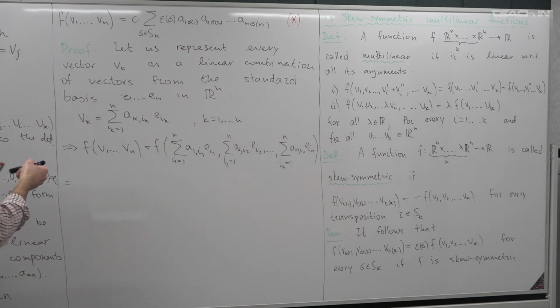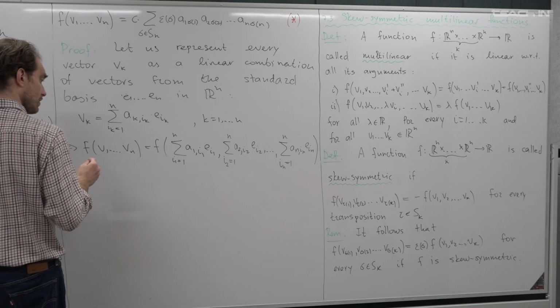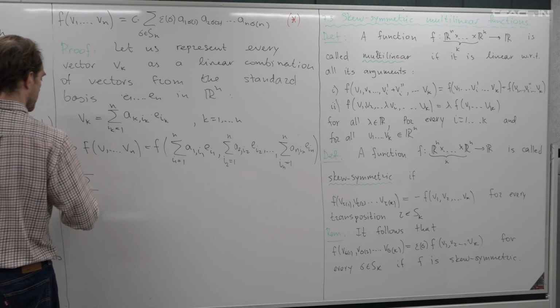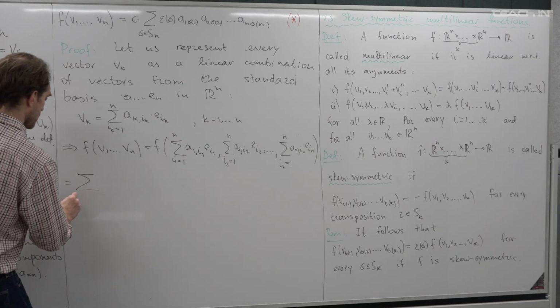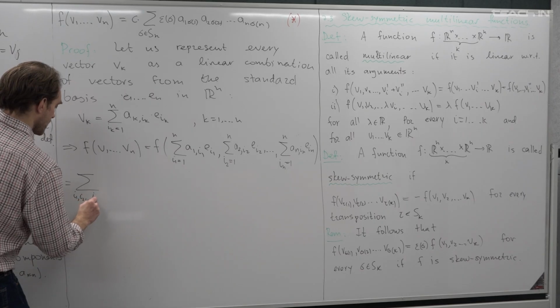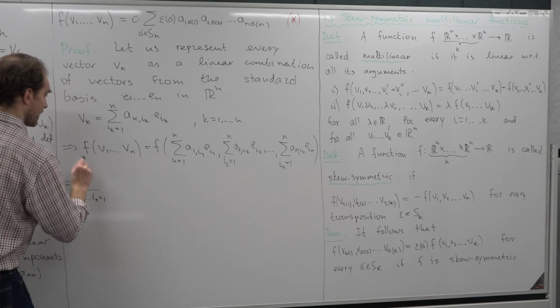And so finally, what do we get here? We get the huge sum where i1, i2, etc., in range from 1 to n.